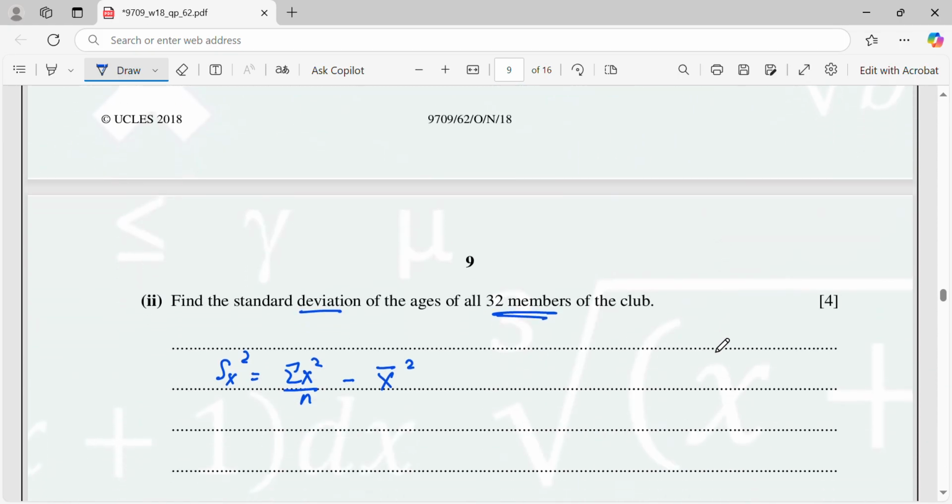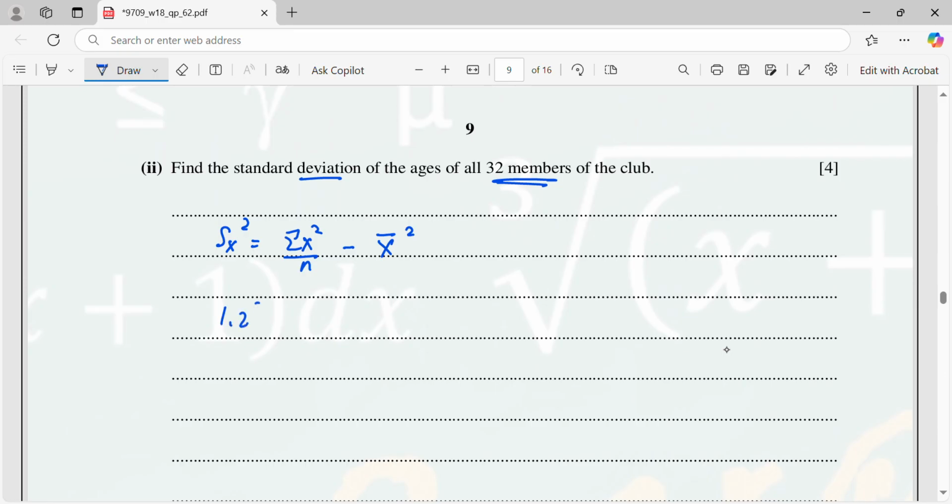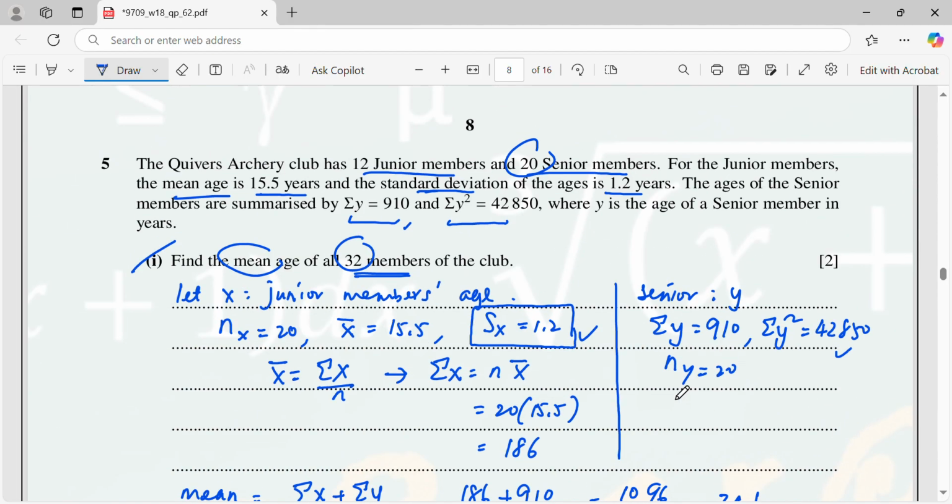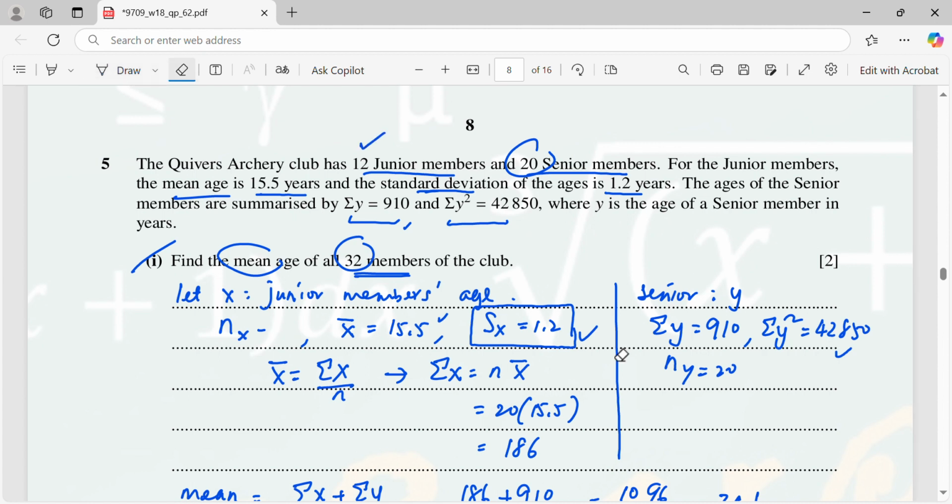So I will write here 1.2 squared equals summation x squared, which is unknown, over n, and the n is 12. The mean is given in the previous part, the mean is 15.5. Oh, sorry, I wrote nx is 20 wrongly.